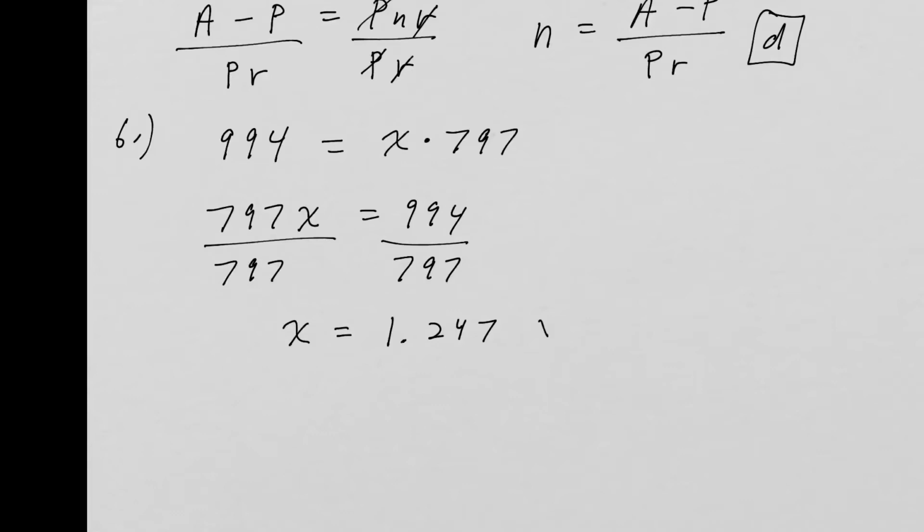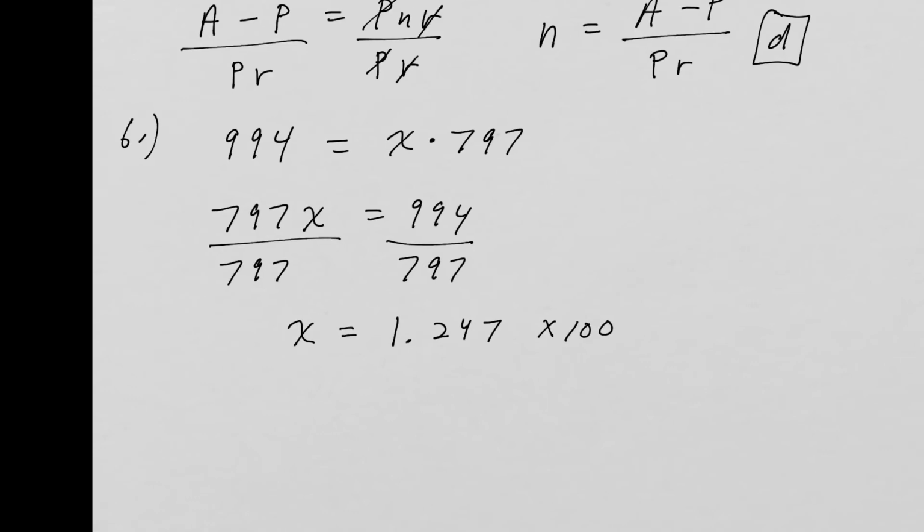You either multiply by 100 and then attach a percent symbol, but that's equivalent to moving the decimal point 2 places to the right, right? So this is going to be 124.7%. And that is answer A in this case.